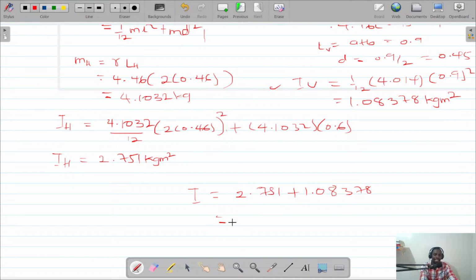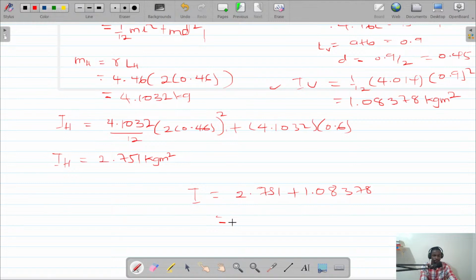Later you realize that if you use the general formula, you end up getting the same thing. The 1/3 ml squared is a simple way of finding the moment of inertia of a rod if it's about its very end, right? But obviously it's not always like that. Let me find the value before I make a mistake. I'll come back to that.